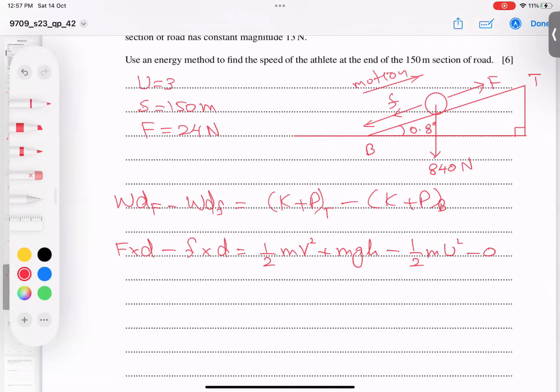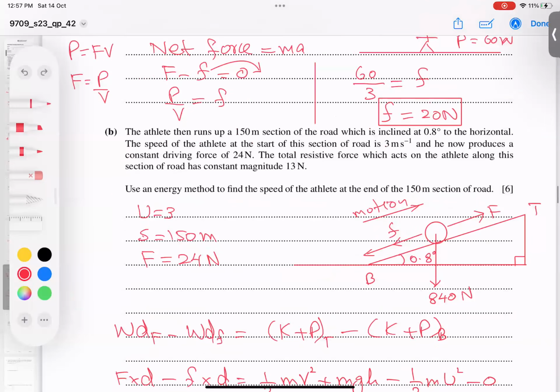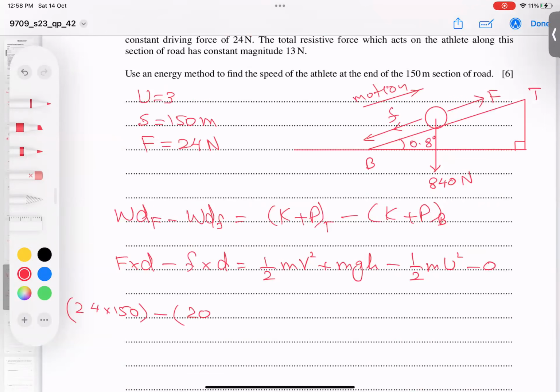First of all, the distance of the whole track is given as 150 meters. So F into d is 24 newtons into 150, which gives the first part. For the friction force, I found it to be 20 newtons, so 20 newtons into the distance, again 150.